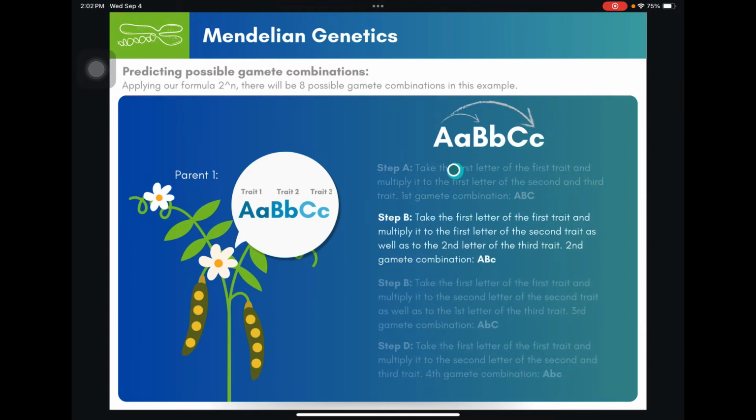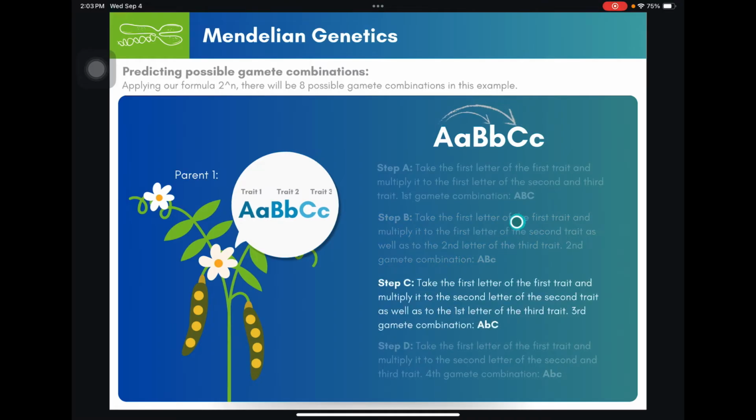Step B is take the first letter of the first trait and multiply it to the first letter of the second trait, as well as to the second letter of the third trait. And as such, we got dominant traits A and B, but the recessive letter C, as stated in this one. Step C, take the first letter of the first trait and multiply it to the second letter of the second trait, as well as to the first letter of the third trait.